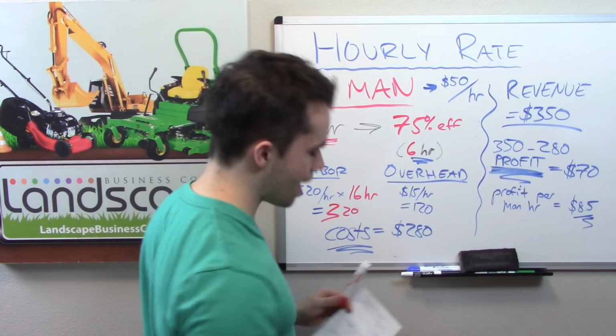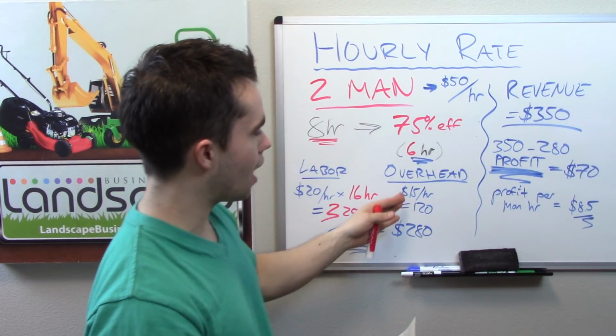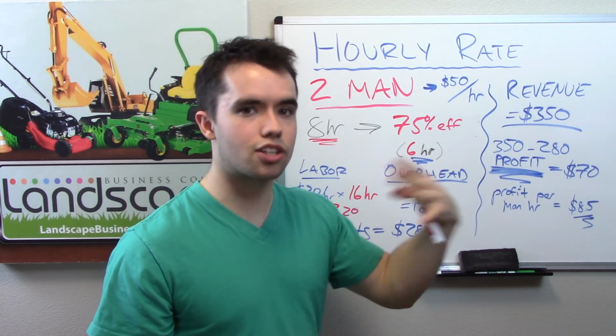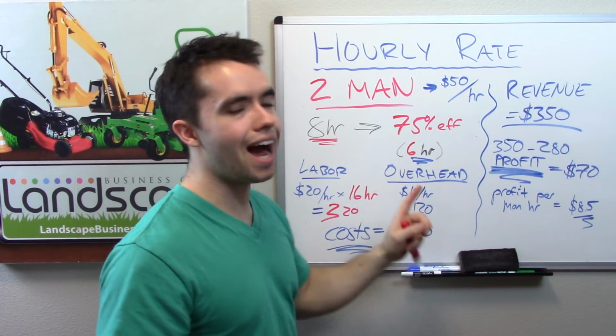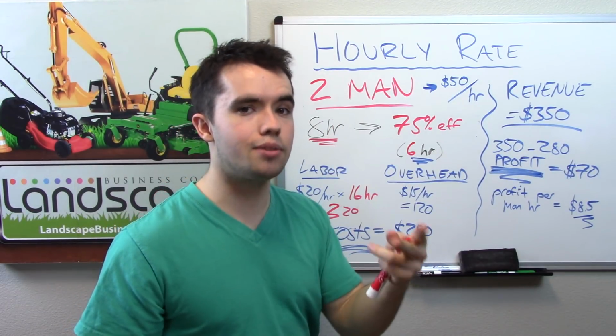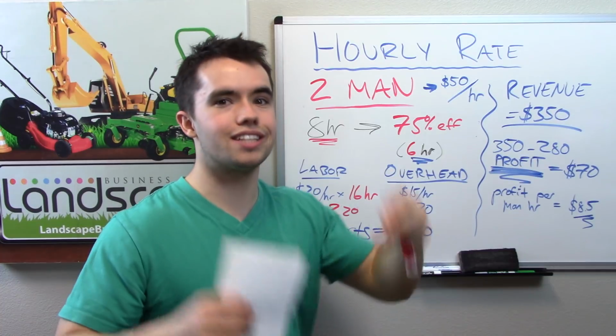Now over here at overhead, last time we had a higher number per hour because this overhead included the whole truck, the trailer, equipment, everything. The beauty of having a 2-man crew is that now your overhead doesn't go up as much because you have the same truck, the same trailer, same amount of equipment on that truck. The gas is, it's not twice as much.